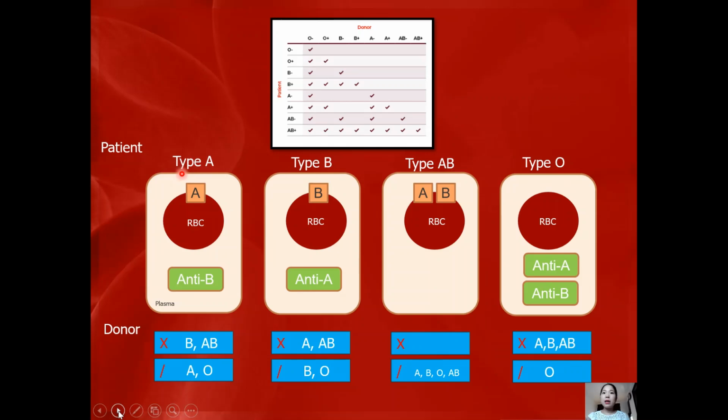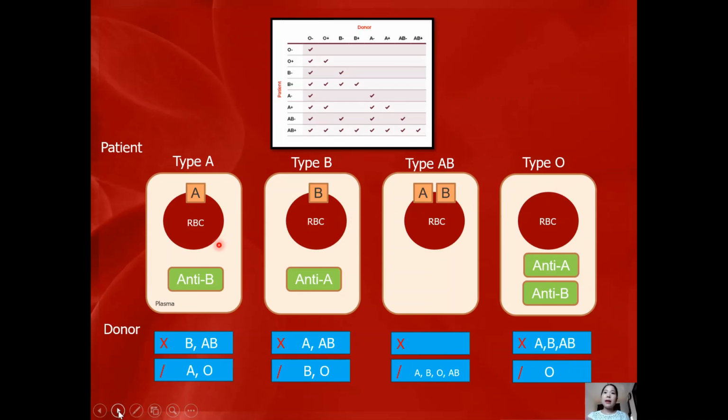Remember, if you have a blood type A, you have the A antigen that is seen on the surface of your red blood cell. If you have a blood type B, you have a B antigen on the surface of the red blood cell. If you have the AB blood type, you have the A and the B antigen. And if you have a blood type O, you do not have any antigen.